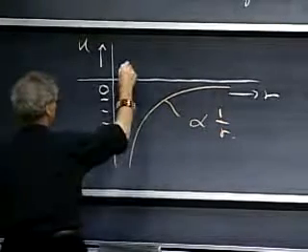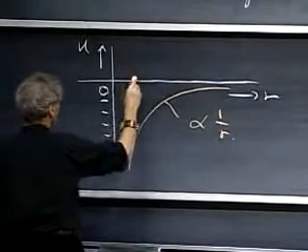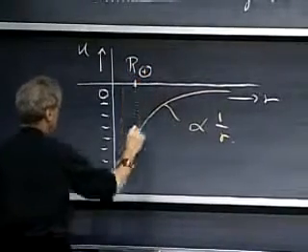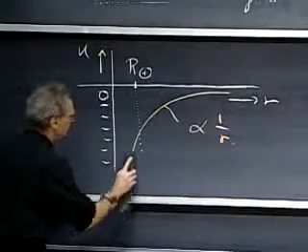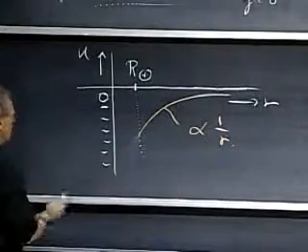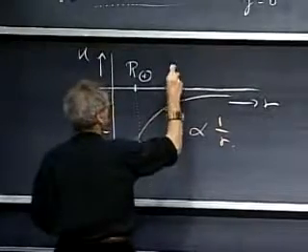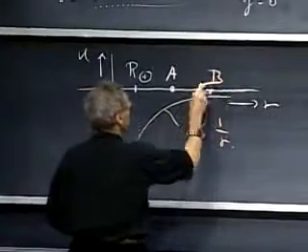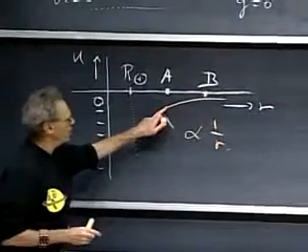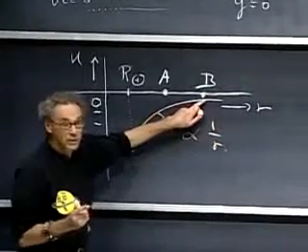Now, of course, if the Earth had a radius which is this big, then this curve does not exist. It stops right here. If I move from point A to point B with a mass m in my hand, notice that the gravitational potential energy increases.